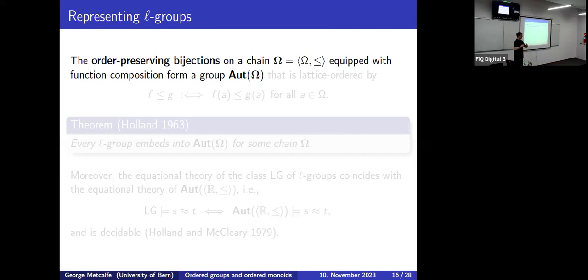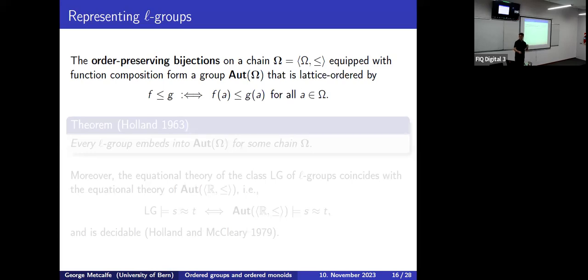So you can look at the order preserving bijections on this chain. You equip it with function composition and you get a group, because the composition of two bijections is a bijection, the inverse of a bijection is a bijection, and the identity map is a bijection. Moreover, this group can be lattice ordered pointwise.